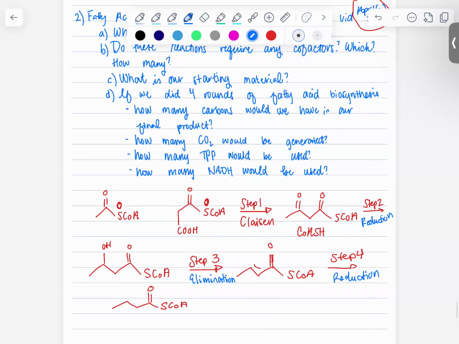Do we know of any cofactors that can work in any of these kinds of reactions? What kind of reaction? Yeah, a reduction. What kind of cofactor can we use in reductions?